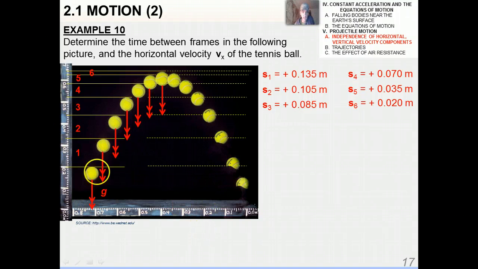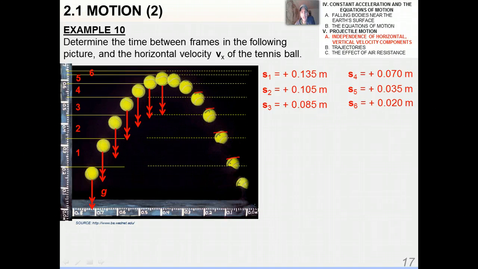I'm extending these horizontal yellow lines over to the right-hand side, to the part where the ball is going down. One thing you notice here is that, as I mentioned before, the ball is lagging on this side. The yellow lines on the left-hand side correspond to the top of the ball. You see how on the right-hand side the ball is lagging? The top of the ball is now here, and now it's here, and now it's here.